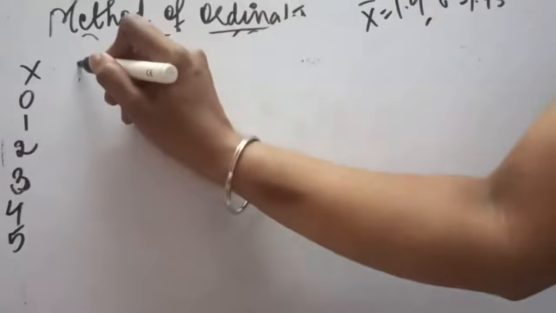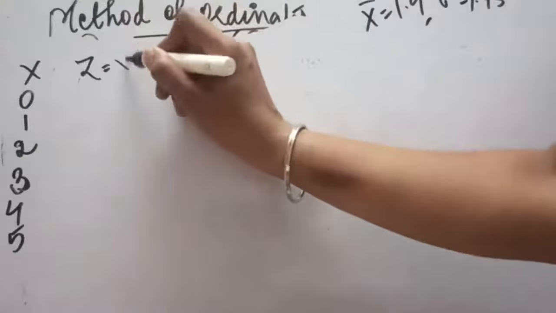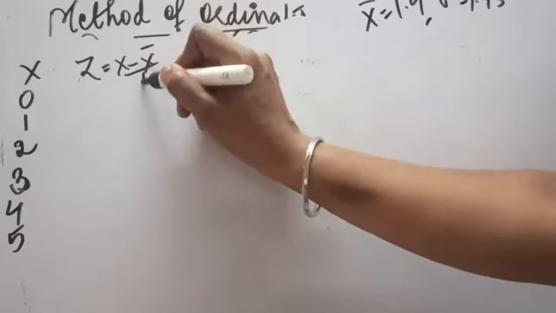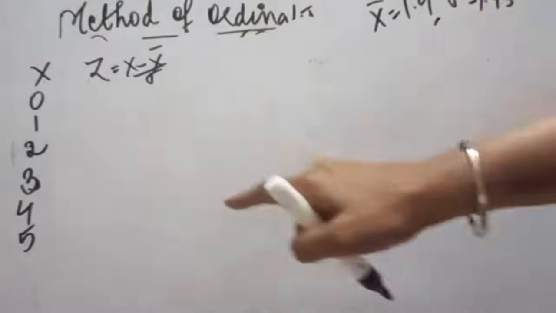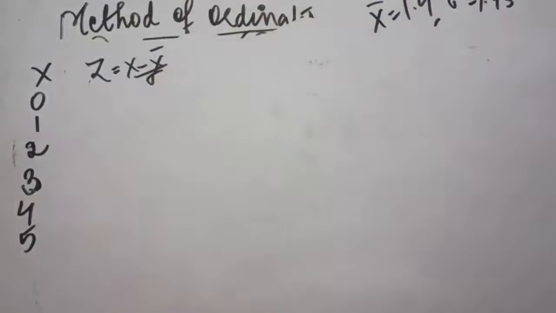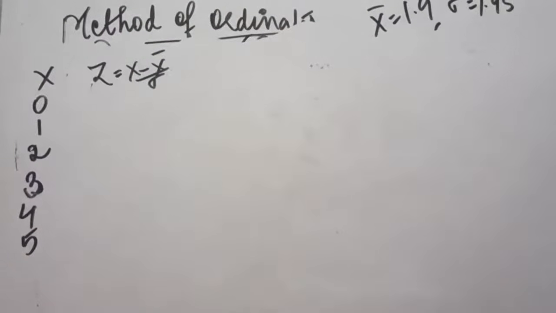Now from here, first we will calculate the value of z with the help of the same formula that till now we were using for normal distribution. Z is equal to x minus x mean upon standard deviation. These are the values of x given in the question. From this x, we are going to calculate z first. For this reason only we have first calculated the value of mean and standard deviation.